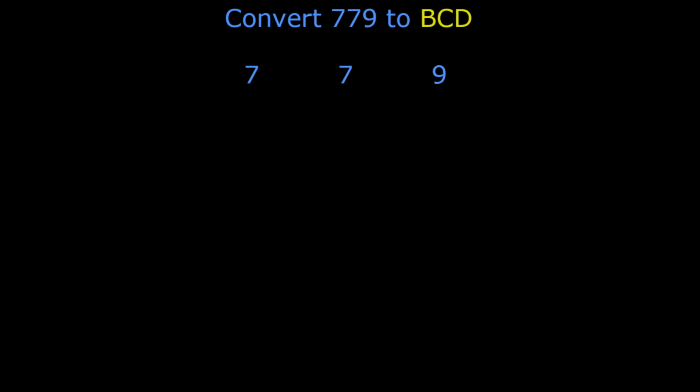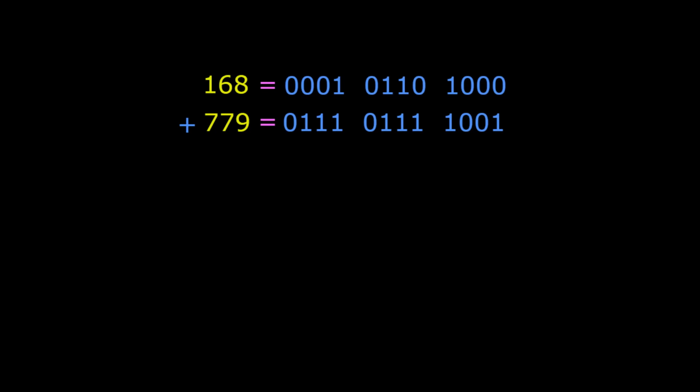As usual, we consider 779 as 7, 7, 9 and represent each of them in nibbles. And that final BCD representation of 779 will look like this. So what we have to perform is the addition of BCD representation of 168 and 779.